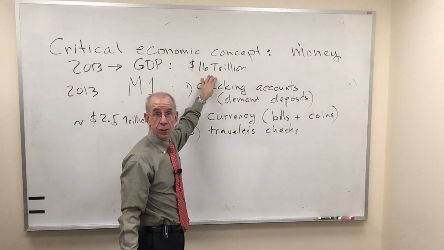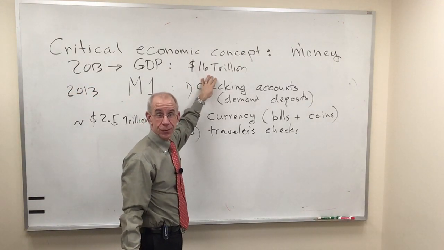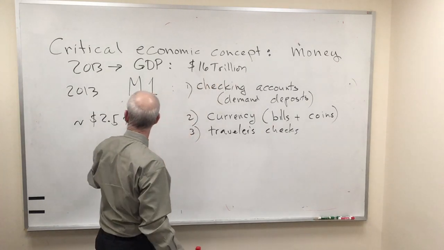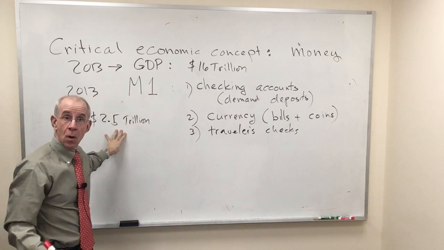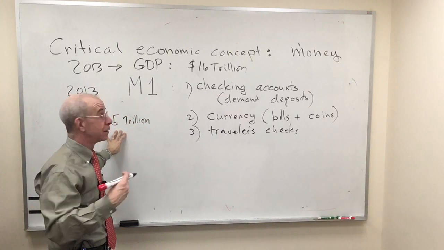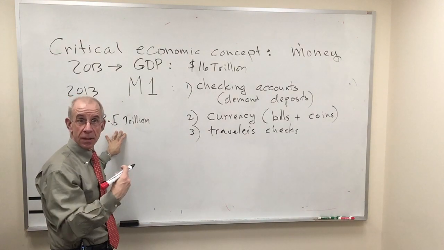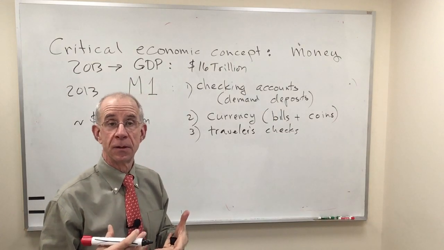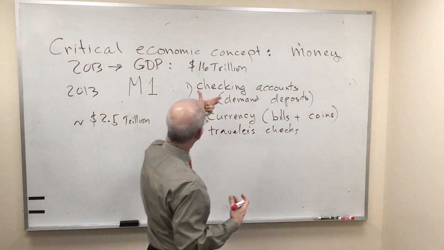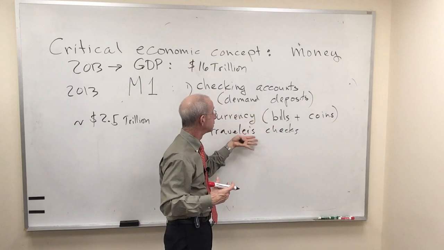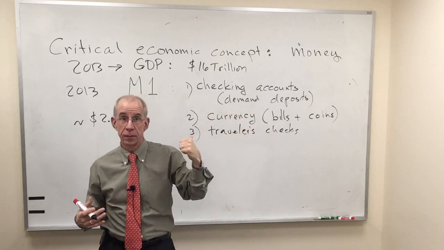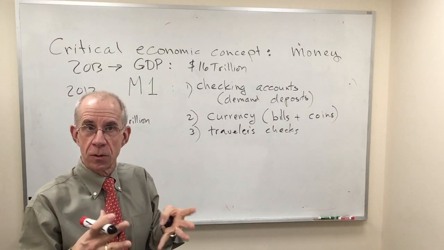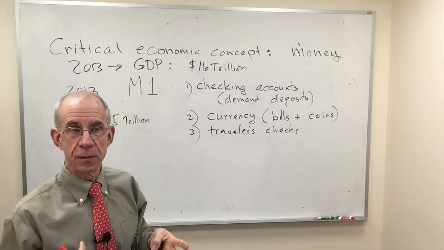GDP is the value of goods and services produced inside the physical borders of the United States. 2.5 trillion was part of the payments that were taking place. So, for example, you may have certain types of goods and services produced that are not directly involved with transactions in physical money. So there's no necessary correlation between those two things.